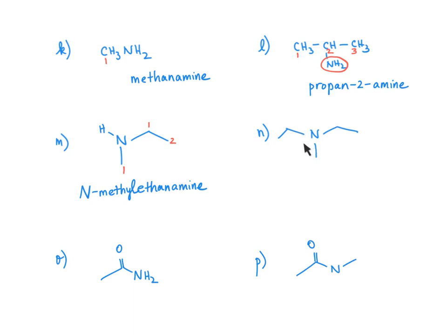Now check this one out. This is a tertiary amine. There's no hydrogens on this nitrogen. There are 3 R groups. We have 3 hydrocarbon groups. We've got 2 ethyls there and a methyl. One of those ethyls is going to count as the parent. So we'll have ethane, drop the E, amine.